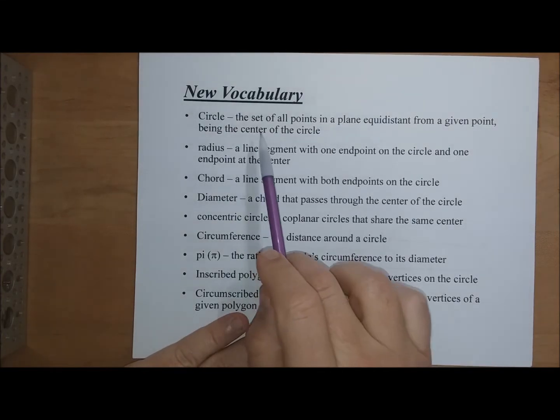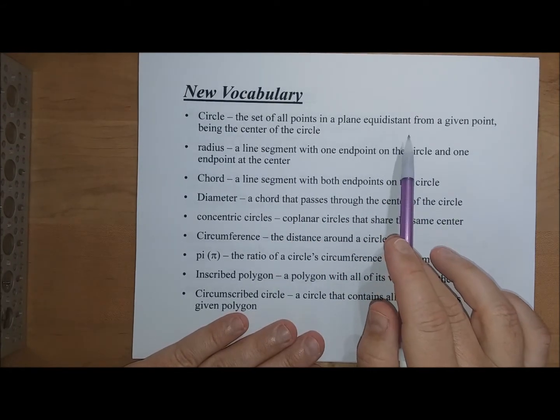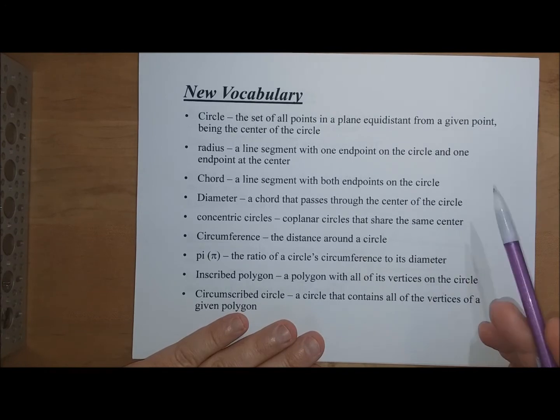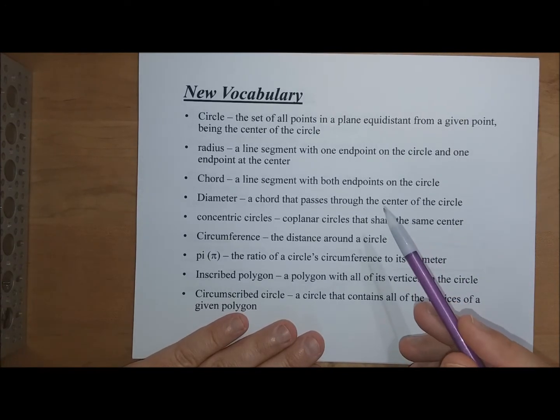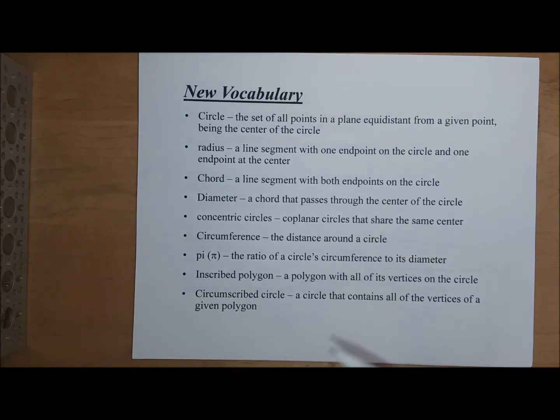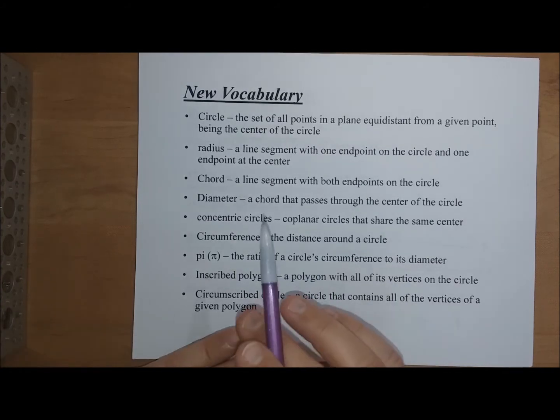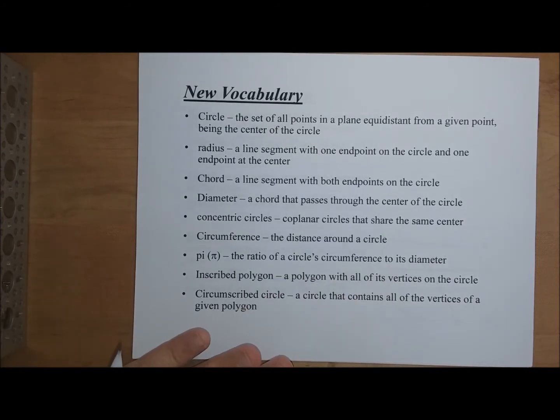Technically, a circle is the set of all points that are in the same plane that are equidistant from some given point, which happens to be the center of the circle. And so for that reason, it's more precise to say it's a set of all points, because it doesn't really have sides like a polygon does.